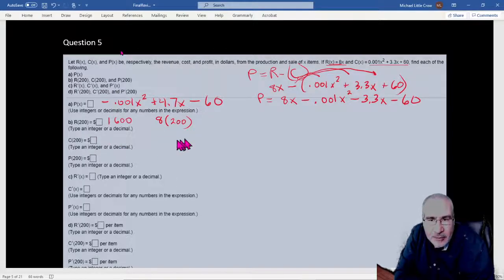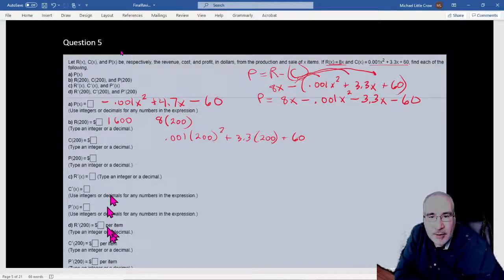The cost, though, to do that, we plug the 200 into the cost function. Again, that's going to be a little bit more of a calculation: 0.001 times 200 squared plus 3.3 times 200 plus 60, and again, then we'll find derivatives and all that kind of stuff.